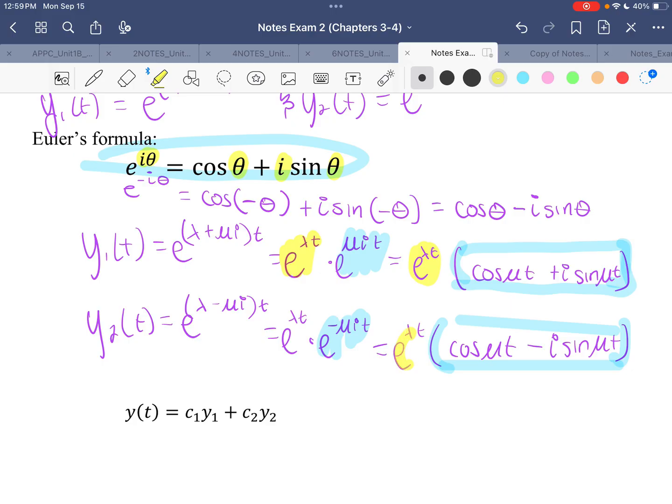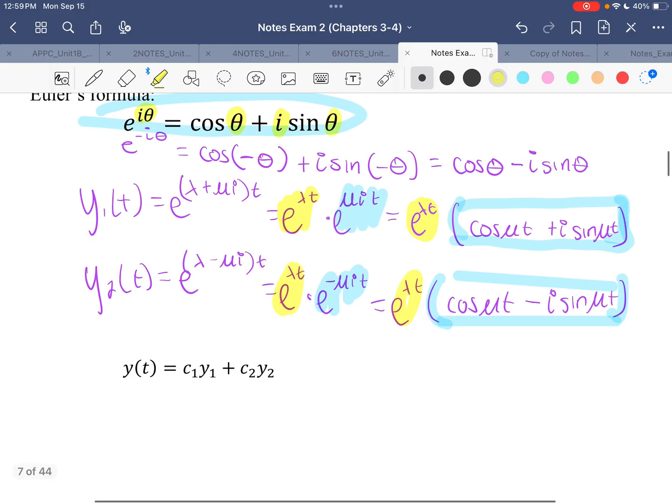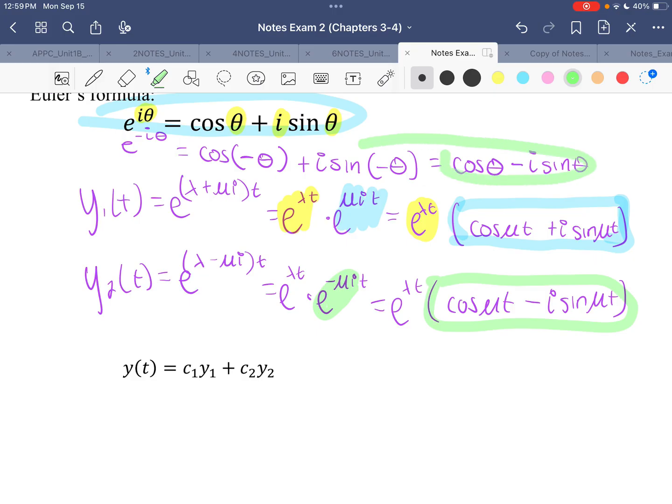So that's the part that plugged in. Actually, I should have done not blue. Let's do green instead, because that's the one where we plug in the negative.